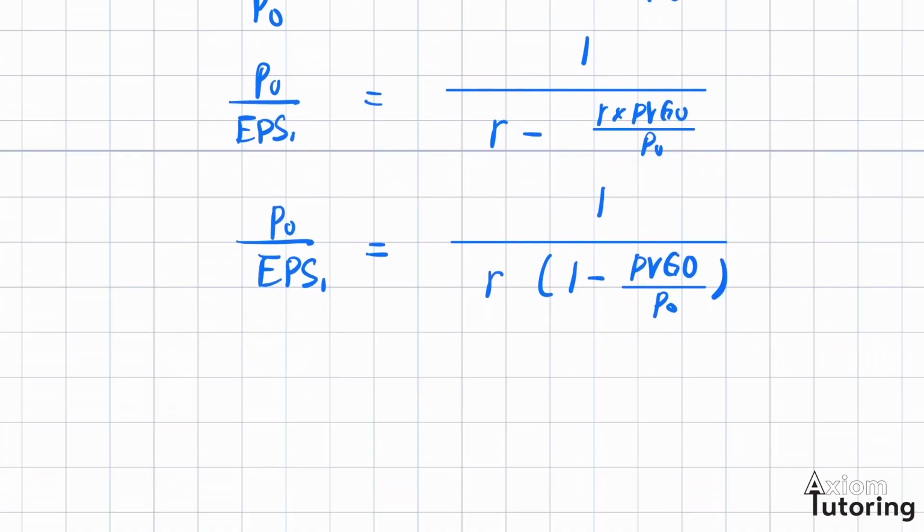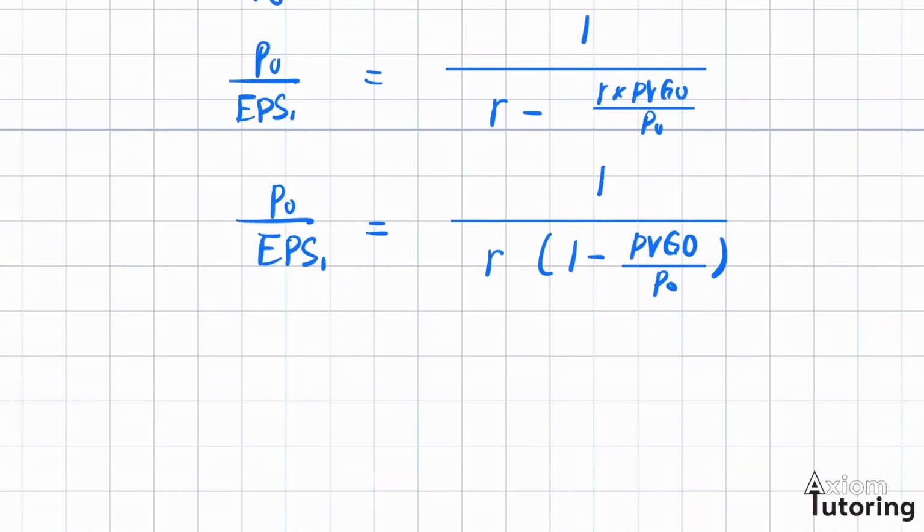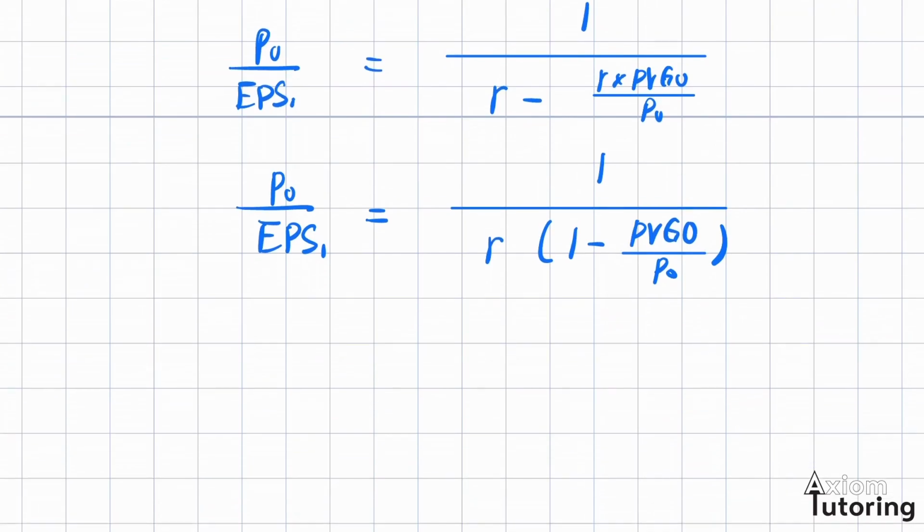So that means with higher growth opportunities, your P/E ratio will go up. Sometimes a firm with very high growth opportunities is called a growth firm or a growth stock, and growth stocks will have very high P/E ratios.